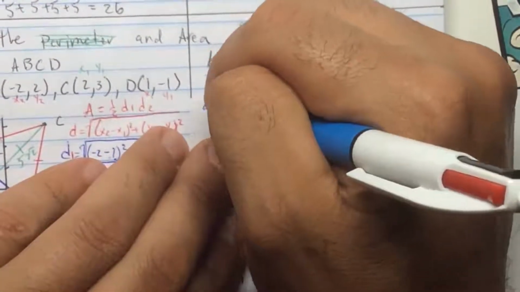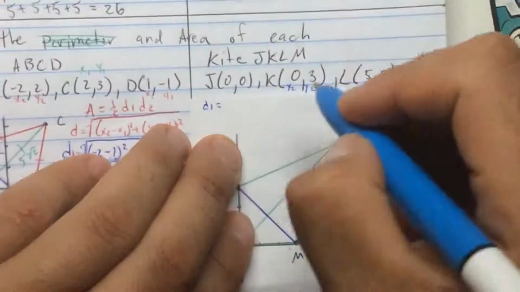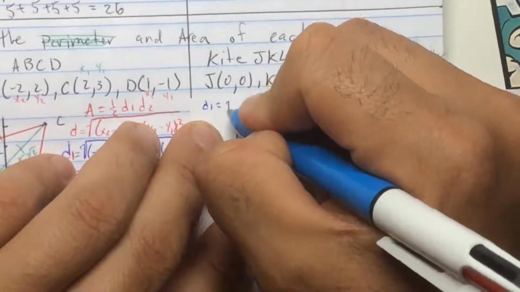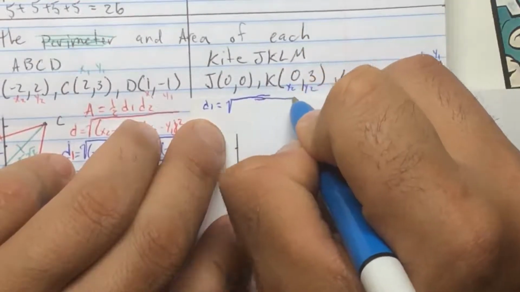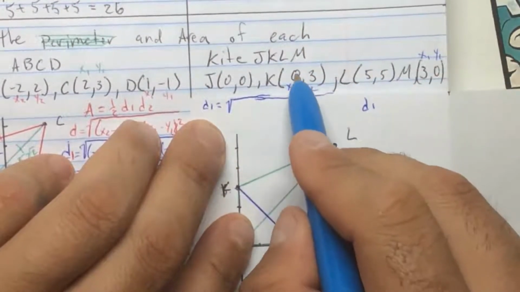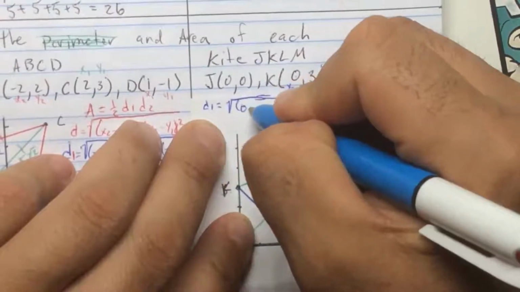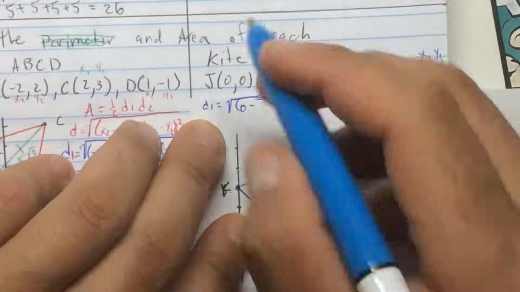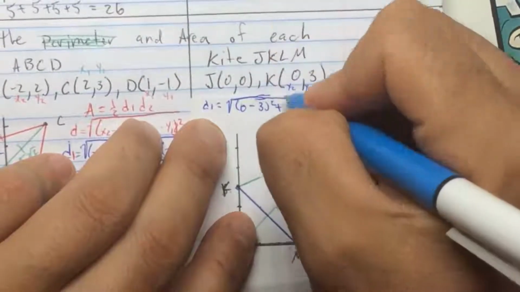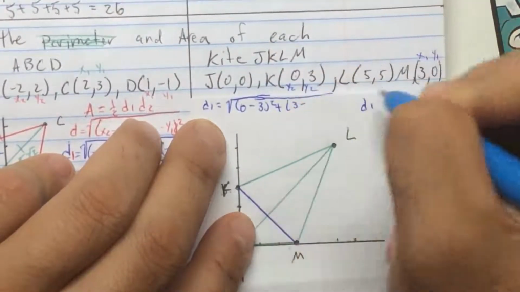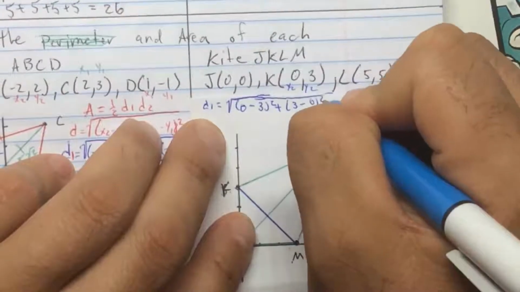So D1 is equal to the square root of x2, which was 0, minus our x1, which is 3, squared, plus y2, 3, minus y1, 0, squared.